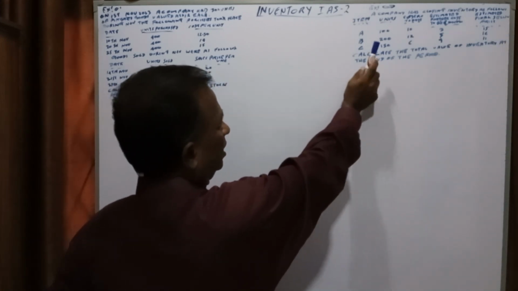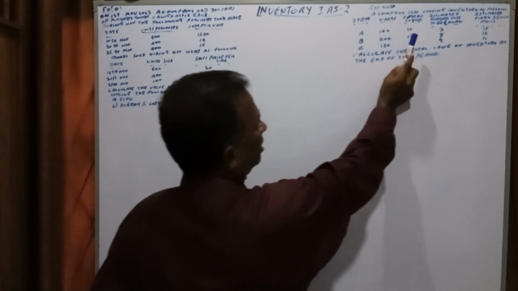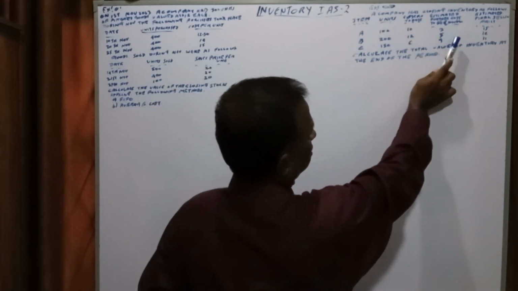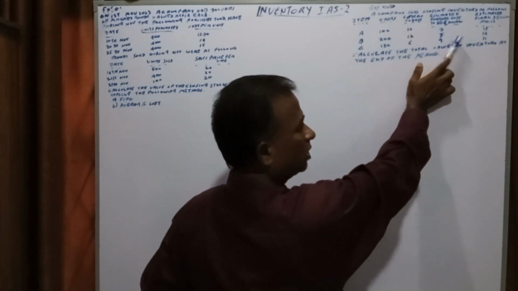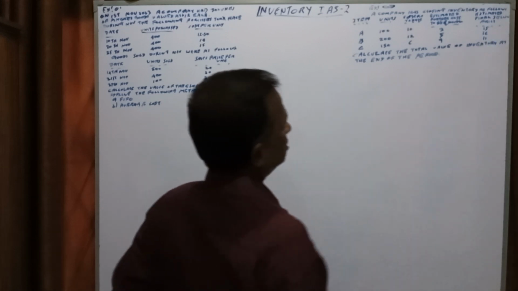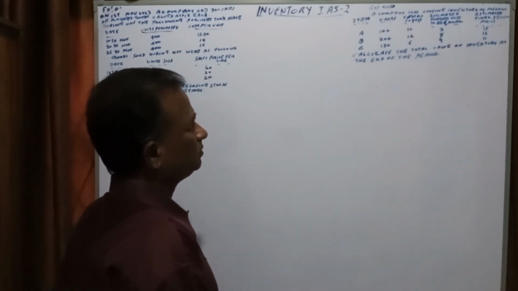Product B, they have 200 units at a cost of 12 rupees, and further processing cost involved is 5 rupees, and final selling price was 16.